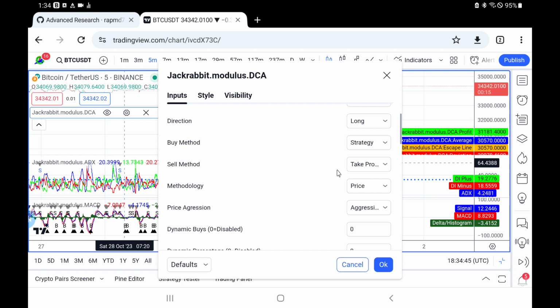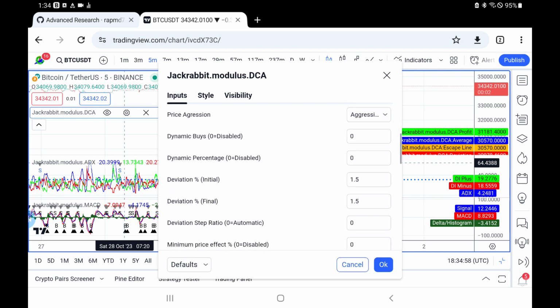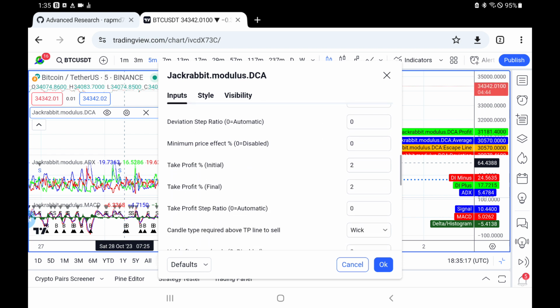Because this is not very aggressive, I want to take an aggressive stance on when entries take place. The deviation is 1.5%, which is a reasonable level, but it does extremely well. You can lower it if you want to be a little more aggressive in your opportunities, but you will increase your exposure. The take profit is 2%. Again, nice and simple and easy.